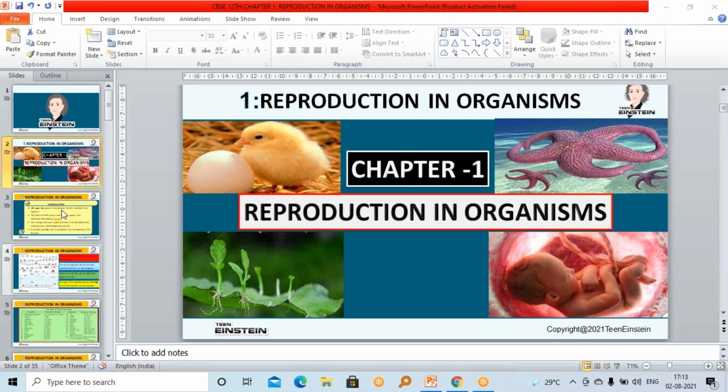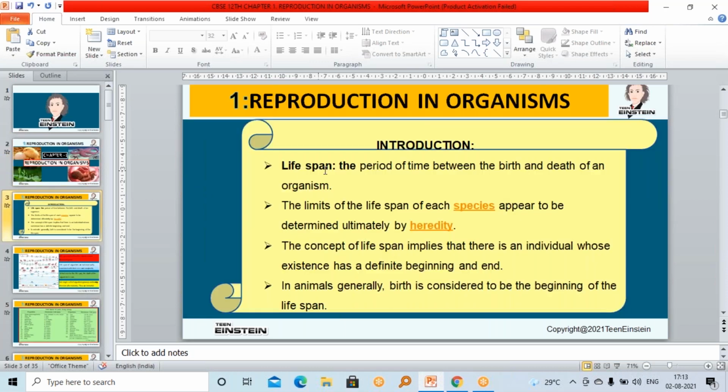Without reproduction, there won't be the next generation of organisms, right? So each organism forms its next progeny by asexual method or sexual method. The sexual and asexual methods of reproduction, that is what we are going to learn in this chapter.